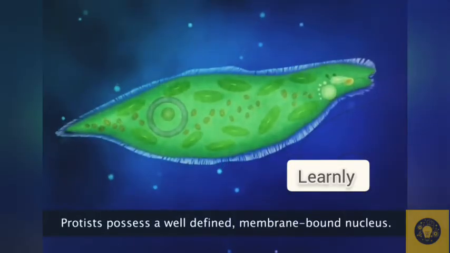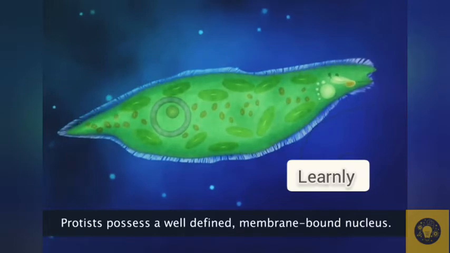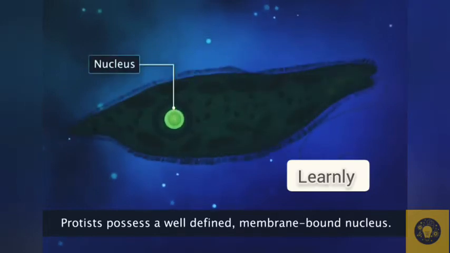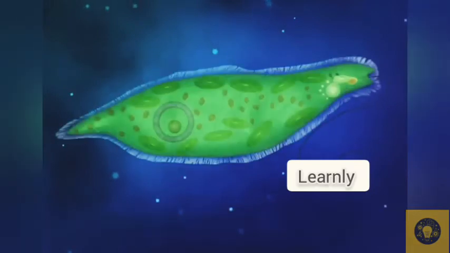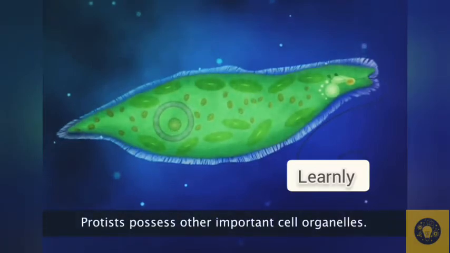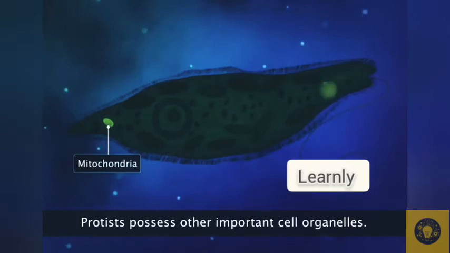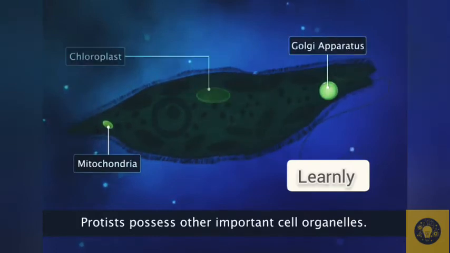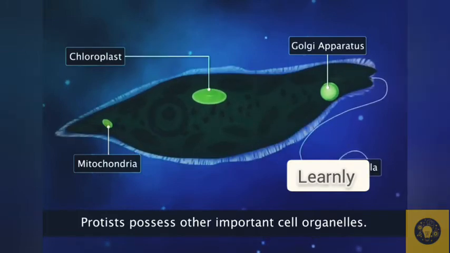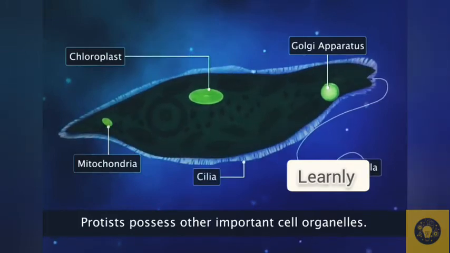Like all other eukaryotes, protists possess a well-defined membrane-bound nucleus. Protists may also possess other important cell organelles such as the mitochondria, Golgi apparatus, and the chloroplast. They may possess flagella or cilia for locomotion.